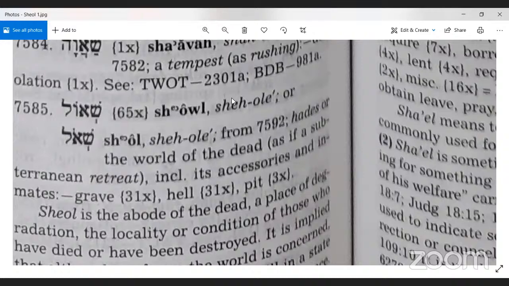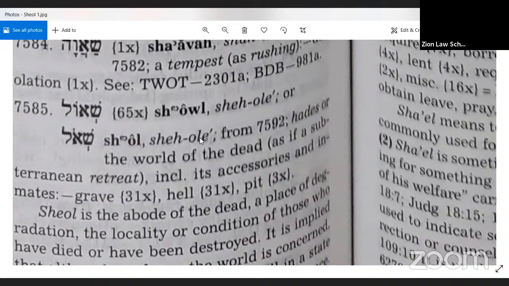Yes, 7592. So now we're going to apply it. I'll turn this off so I don't confuse anybody else. Now I'm going to read from Strong's number 7592. It reads, a primitive root to inquire.